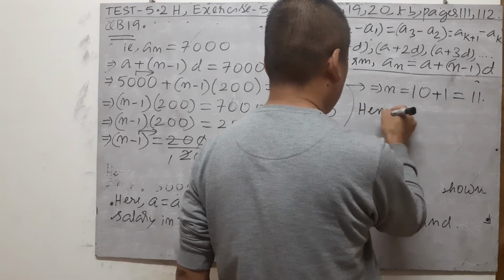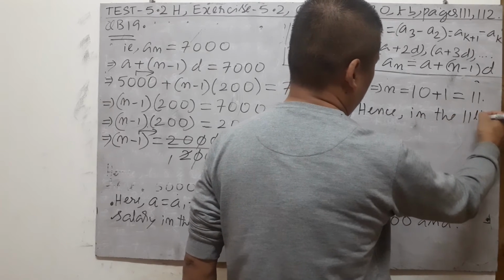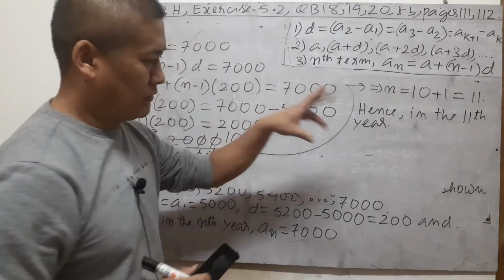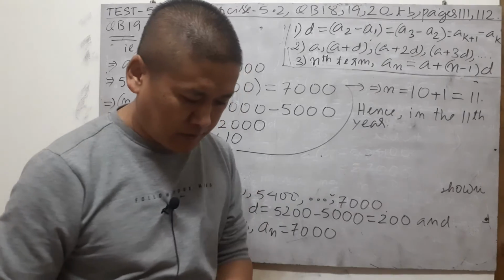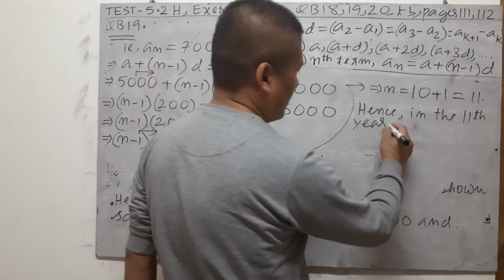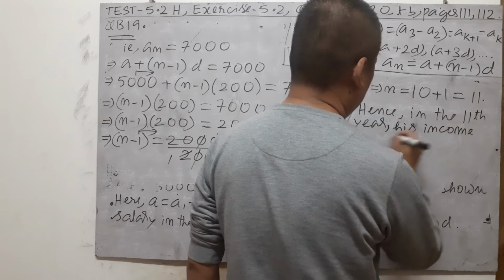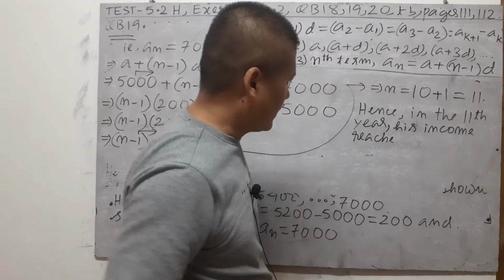Hence, in the 11th year, because nth year is the year where his salary reached 7,000, in the 11th year his income or salary, okay, let me add something here.